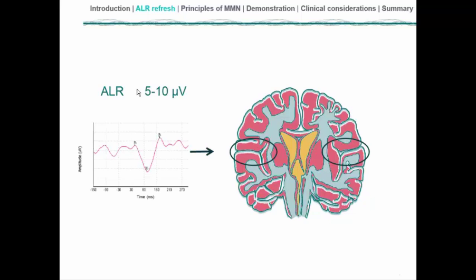It occurs as a result of sound detection by the sensory periphery, and it's primarily the physical and temporal characteristics of those stimuli, as well as the properties of the sensory system itself, that determine the features of the response, the amplitude and the latency, for example.